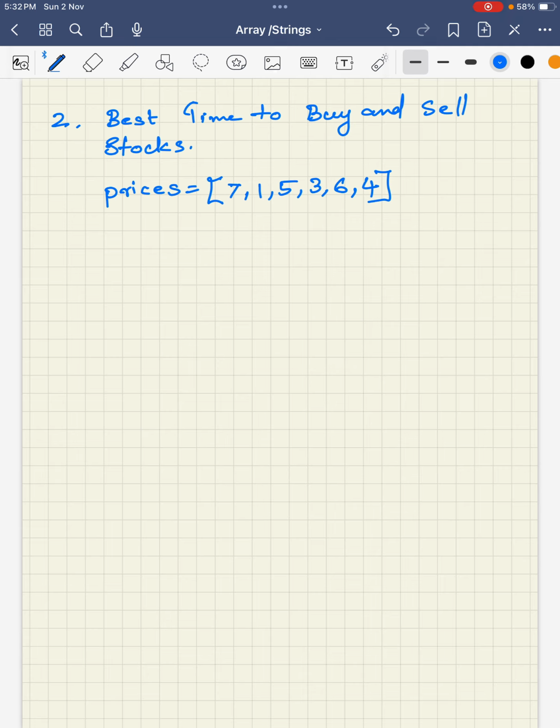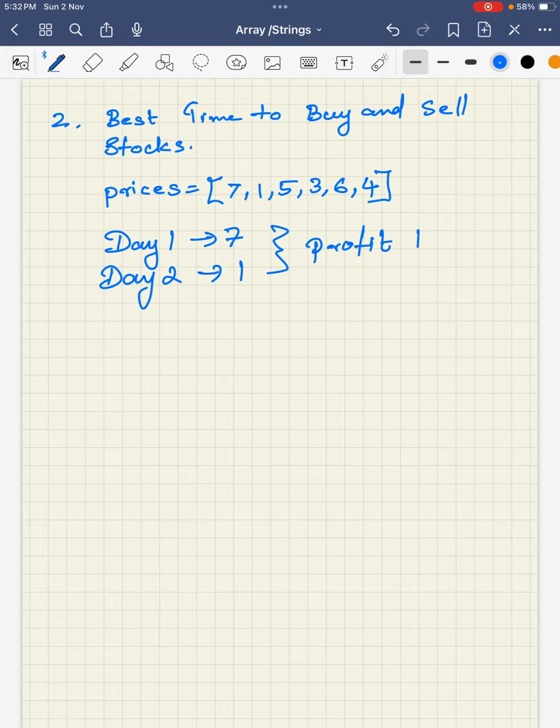For example, if I buy this stock on day 1, that is 7 rupees, and sell it on day 2, which is 1 rupee, the profit would be 1 minus 7, that is minus 6, so it's a loss.